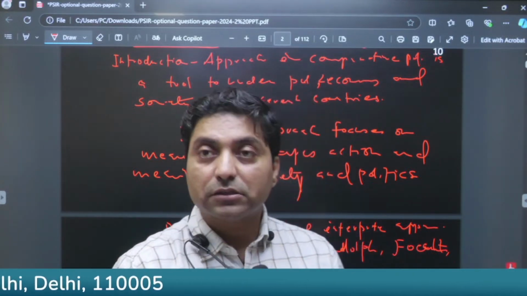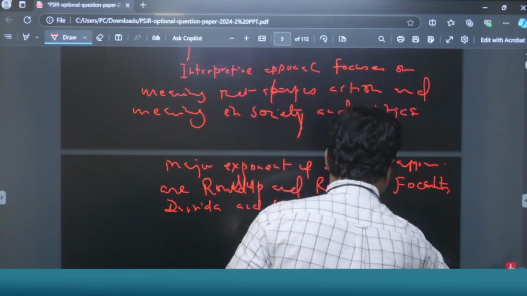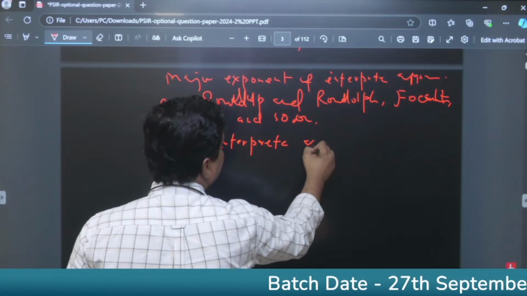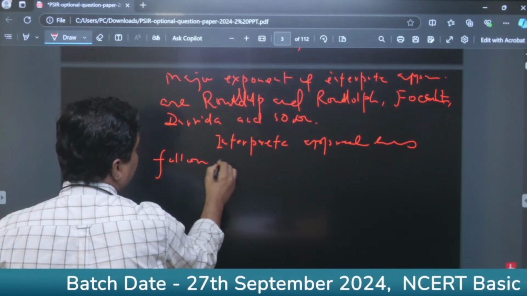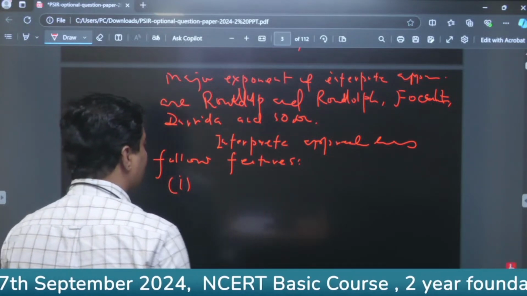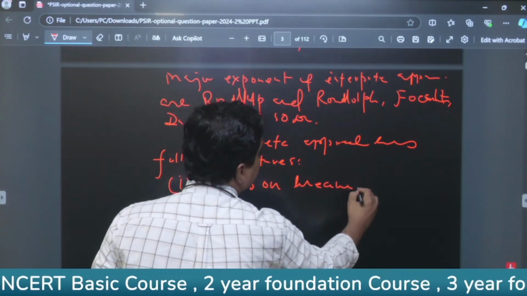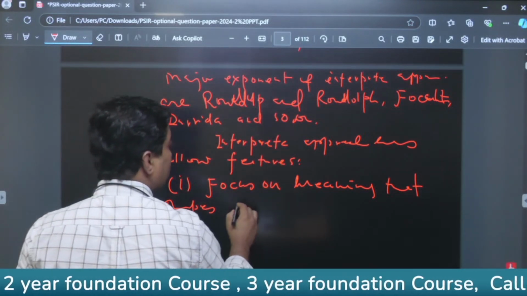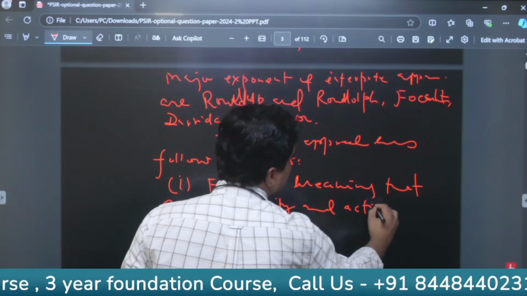Now, the interpretive approach has the following features. First, focus on meaning that shapes identity and action in a given society.